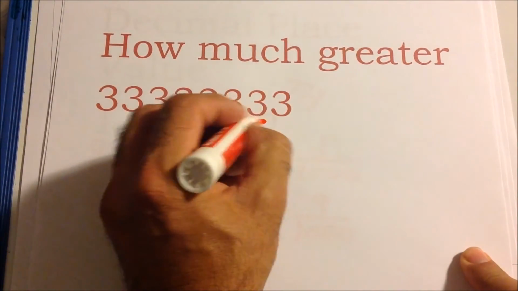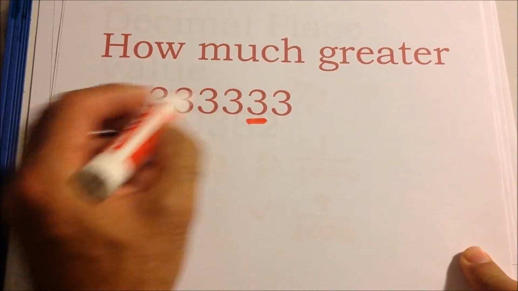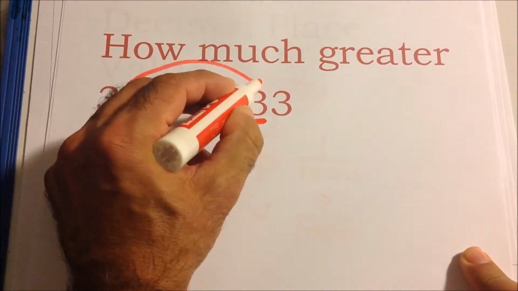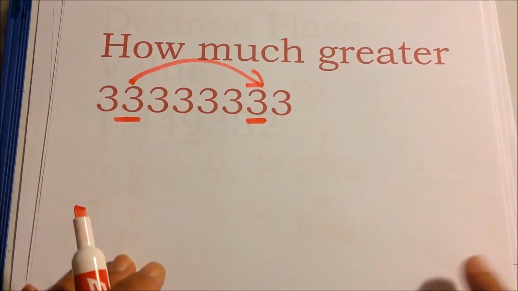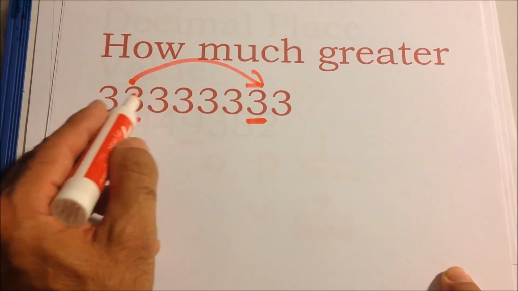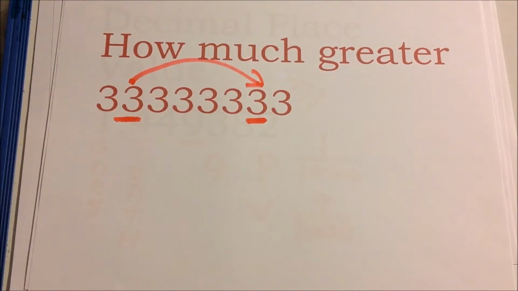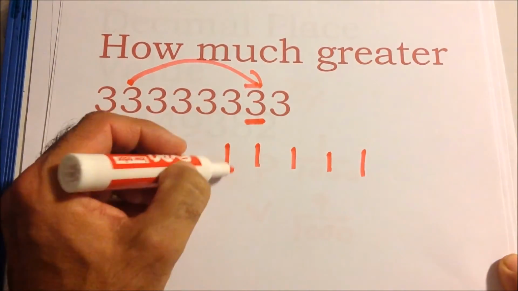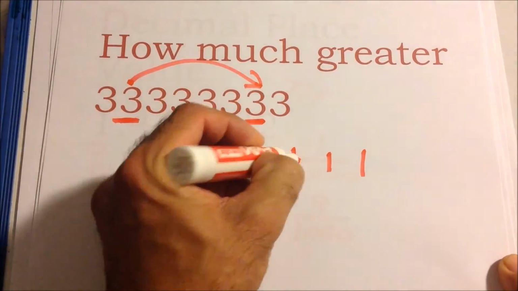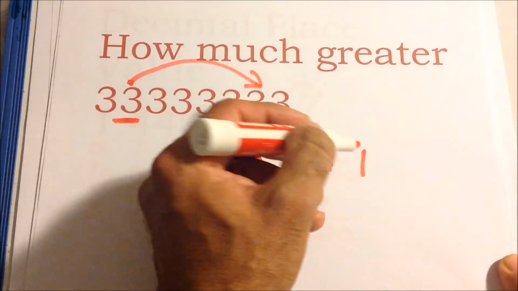We also looked at how much greater numbers are. So if I looked at this number and this number, how much greater is this number than that number? And we just count how far away it is. So it's 1, 2, 3, 4, 5 away. And look at powers of 10s. So in powers of 10s, 5 away. Right? So we have the 10th, 100, 1,000, 10,000, 100,000.